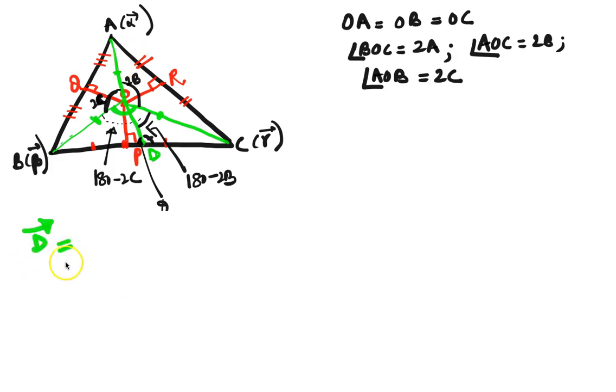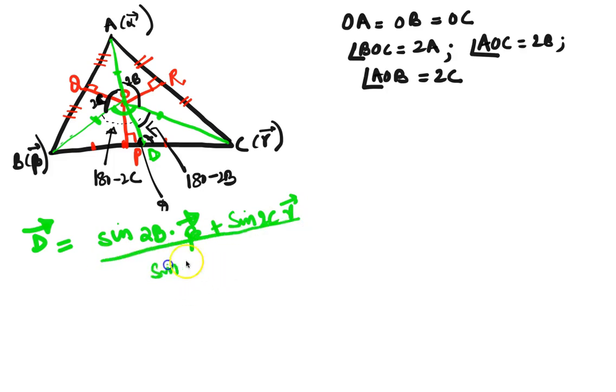Okay, so we have proved D vector is sine 2B into beta vector plus sine 2C into gamma vector upon sine 2B plus sine 2C.